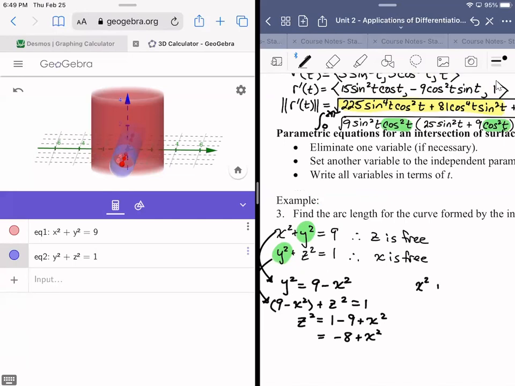X squared is free. Y squared is 9 minus x squared, and z squared is x squared minus 8. I think that makes more sense. So these are some relationships that we have.